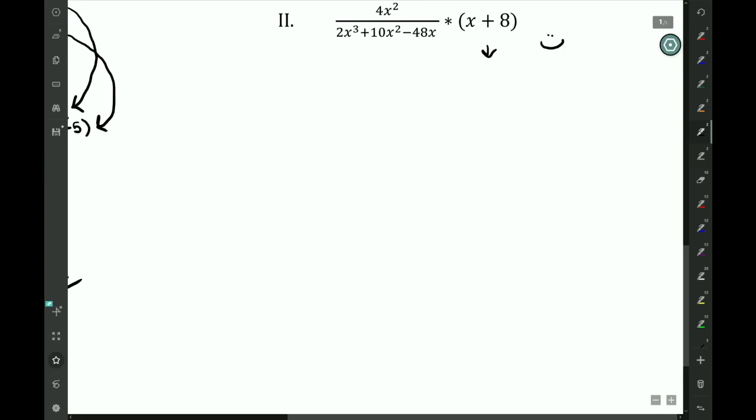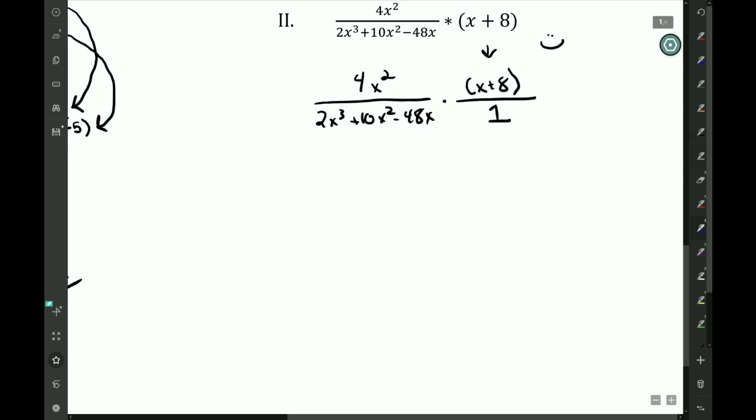Here's a little hint. It's really only x plus 8 over 1. This whole thing is really 4x squared over 2x to the third plus 10x squared minus 48x. And again, you might be scared because of this here. Any ideas? Okay, let's remove a factor of 2x.